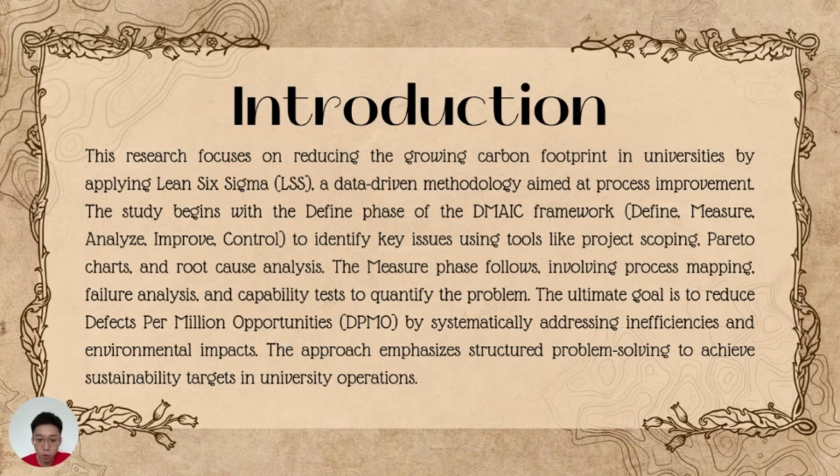The measure phase follows, involving process mapping, failure analysis, and capability tests to quantify the problem. The ultimate goal is to reduce defects per million opportunities (DPMO) by systematically addressing inefficiencies and environmental impacts. The approach emphasizes structured problem solving to achieve sustainability targets in university operations.